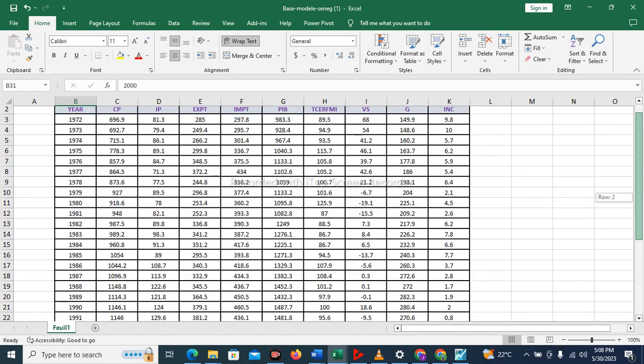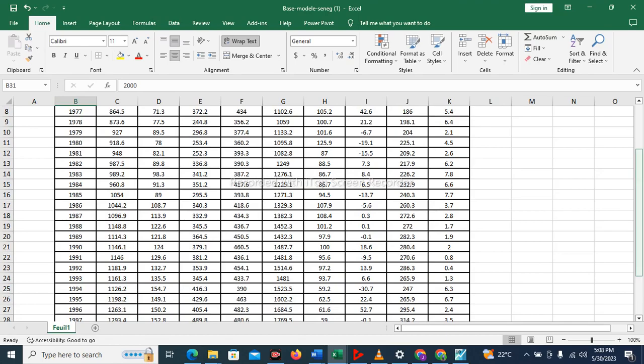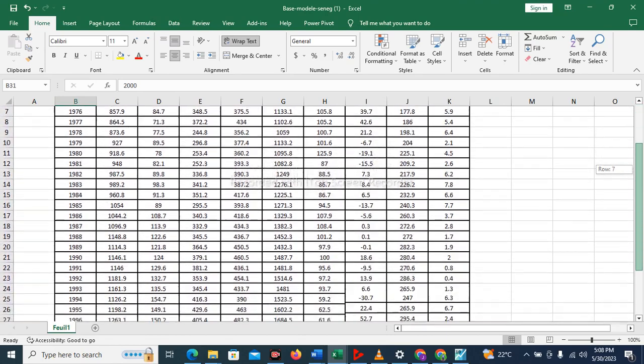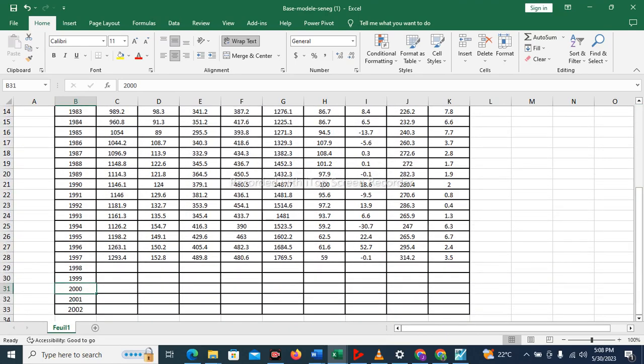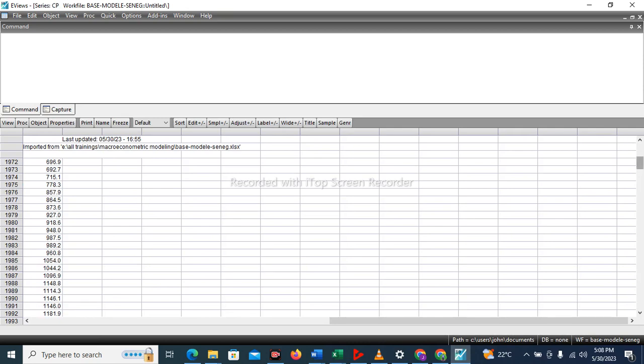So we cannot move forward with solving the model when all these are blank. If you go back to your parameters or variables here, if I open for example the private consumption, you'll find it is still blank for those years that I was to estimate.